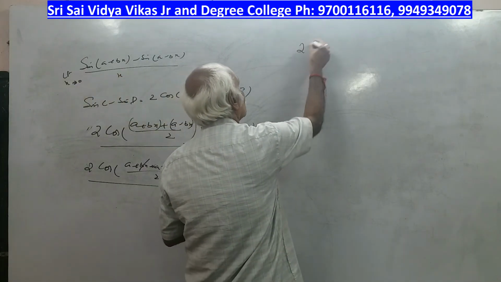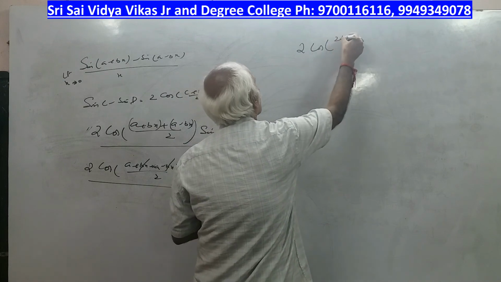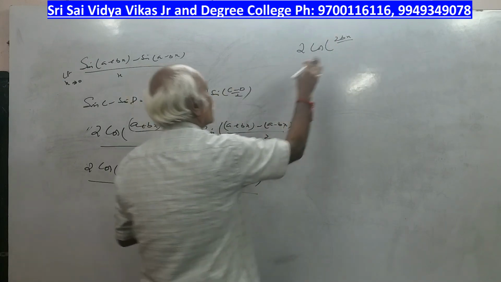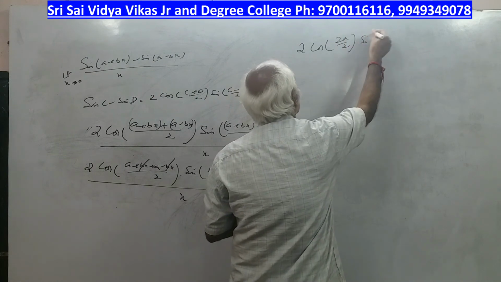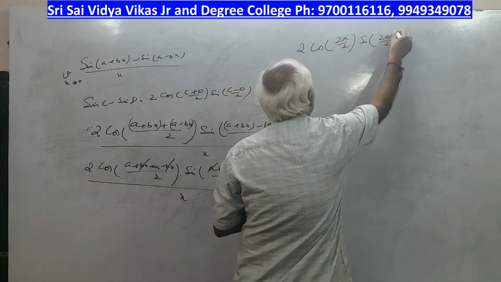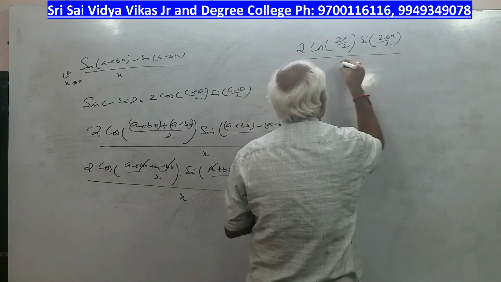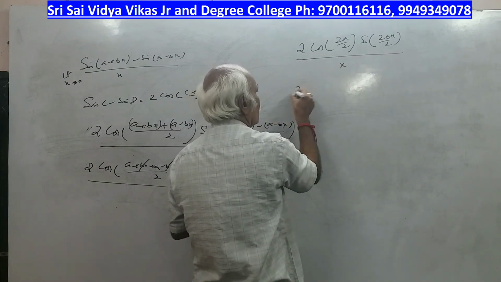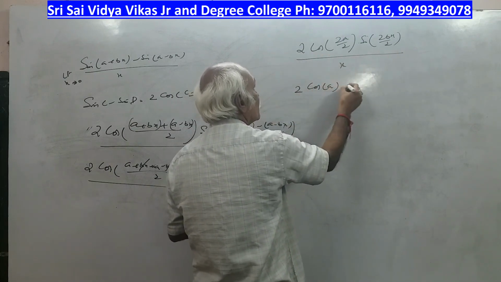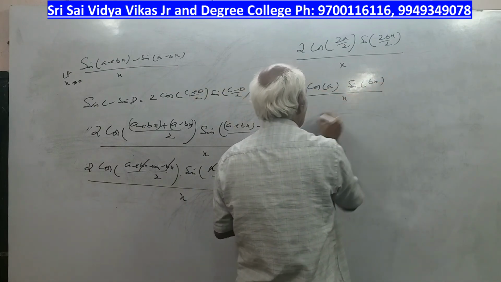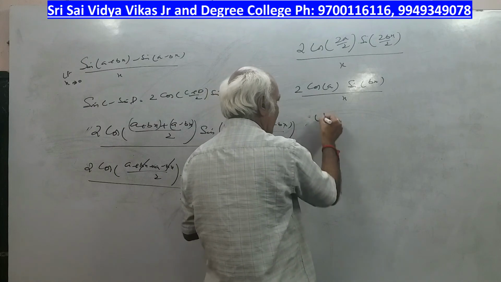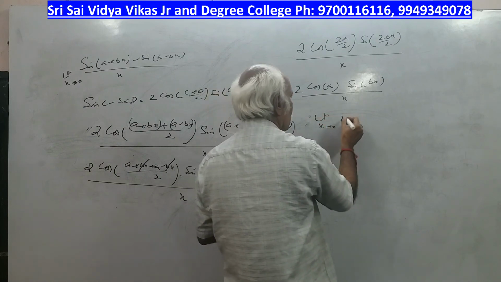Now look at here, 2 cos of 2a by 2, sin of 2bx by 2, by x. So now it is 2 into cos a, sin of bx by x. Now I am applying limit x tends to 0.